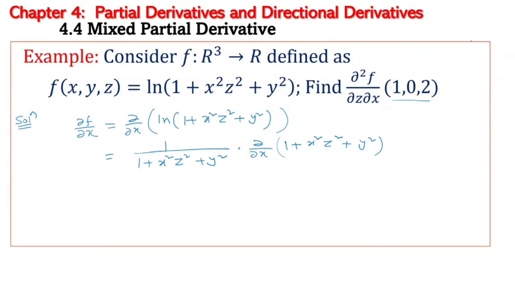Now when we do the partial derivative with respect to x, the others will be constant. So therefore this is 0, this is only 2xz², and this is 0. So we will get 2xz² over (1 + x²z² + y²).